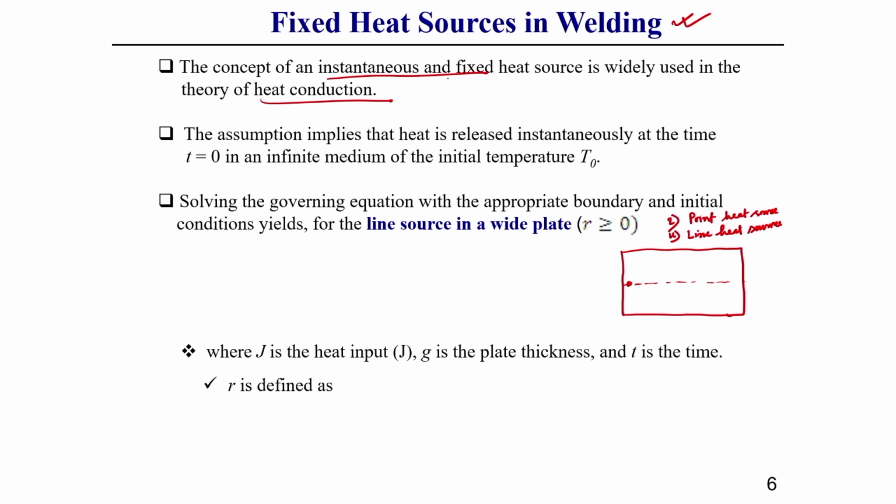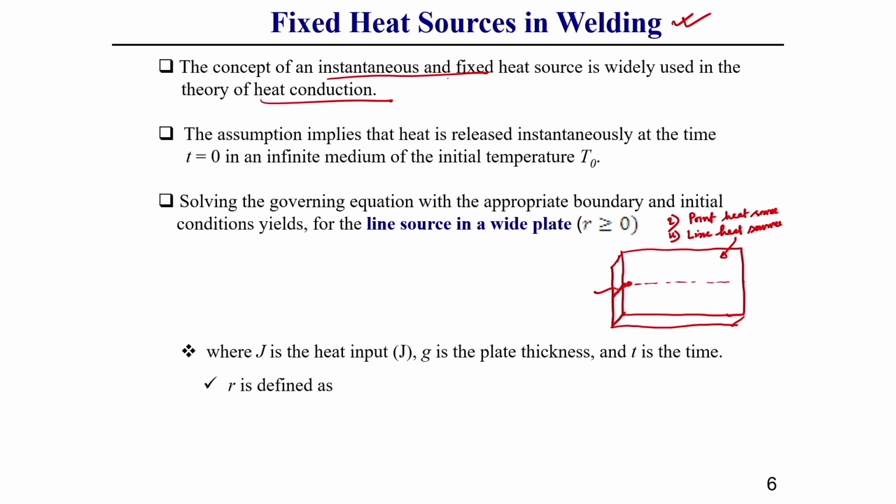Line heat source means the heat is applied along a line. In the case of a line heat source, we consider that through the thickness the temperature gradient is 0. This you should keep in mind.